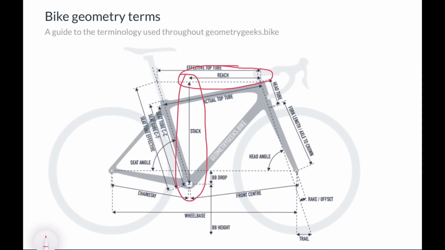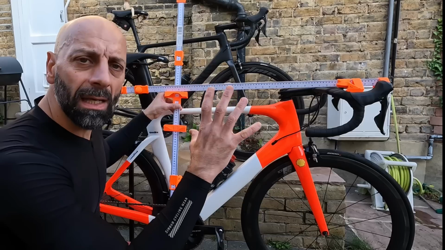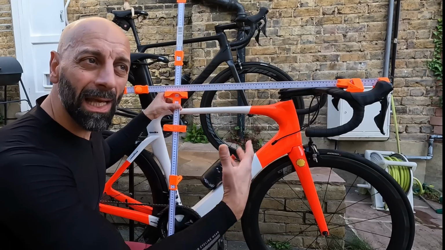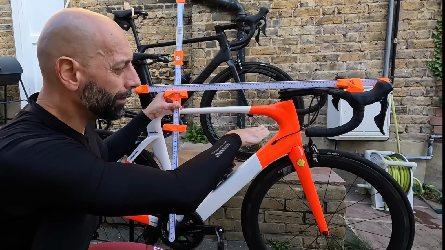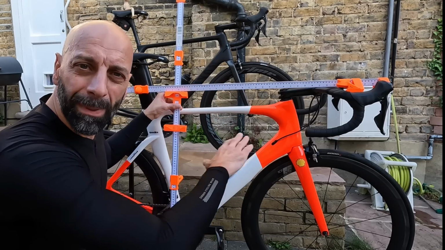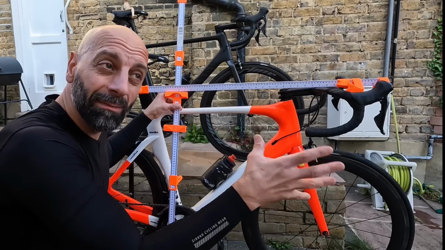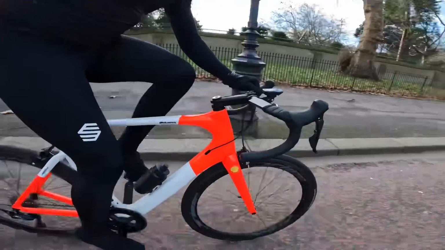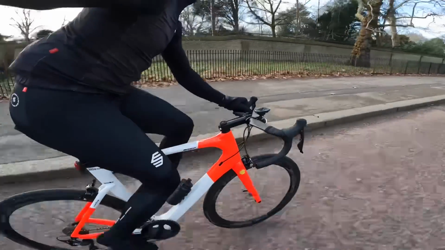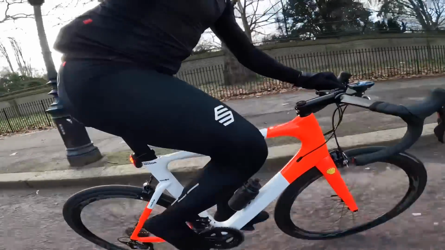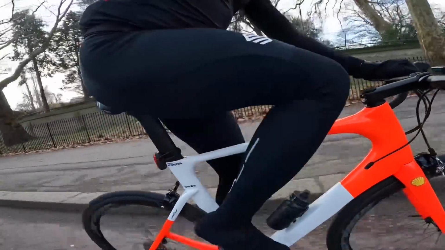So this would be the reach of the bike. These are very good measures to understand between bikes how tall or low the head tube would be, so how aggressive or less aggressive a bike would be from the front end, and also the reach, how long or short it will be from the bottom bracket.